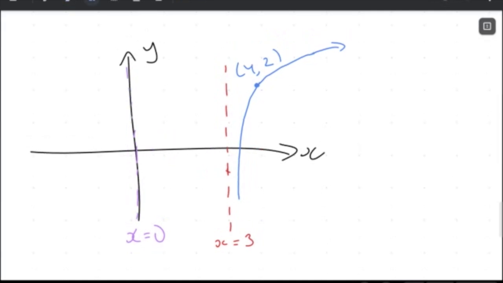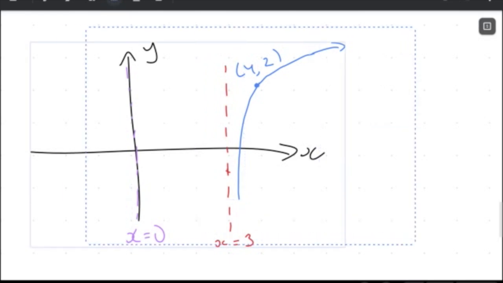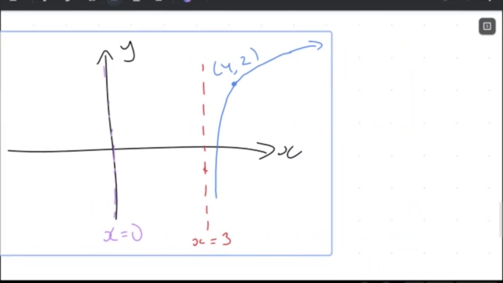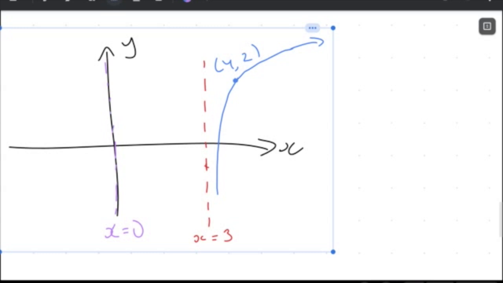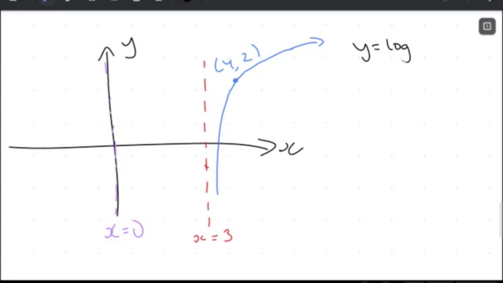So I'm just going to do that on the right here. If we shift everything across, we can now think about calculating the x-intercept. So we have our graph of y equals log to the base 2 of (x minus 3) plus 2.